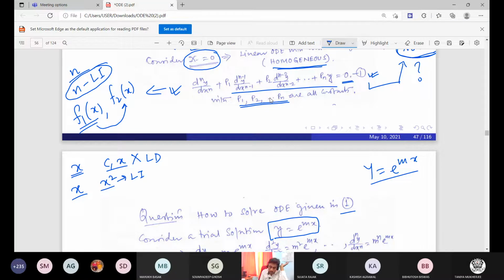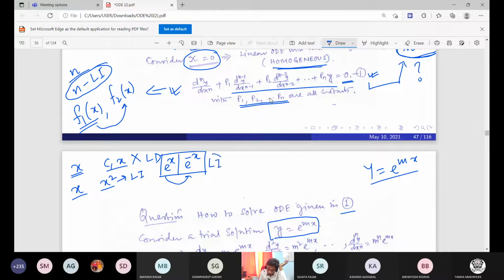Or if you consider e to the power x and e to the power minus x. You can see one cannot be obtained from the other by a constant multiplier. So these functions are linearly independent.